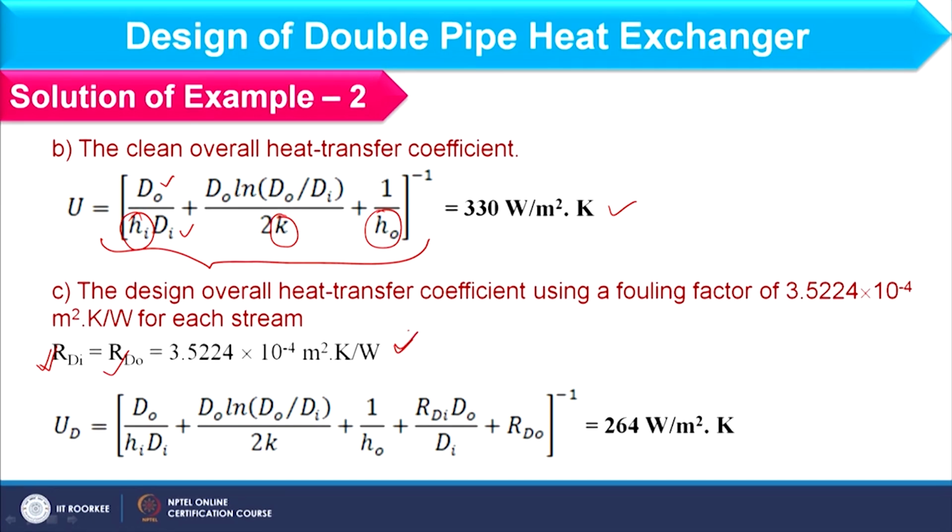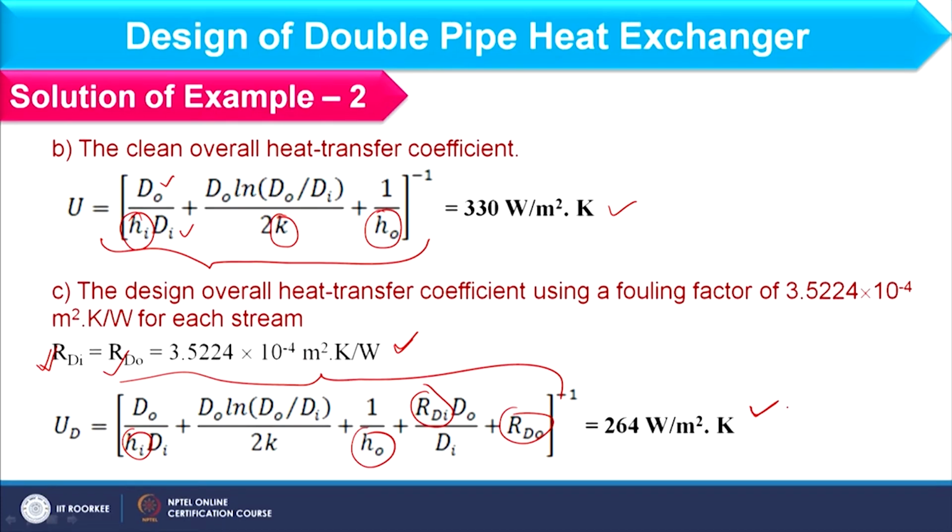So, considering this value, and HI and HO, and diameter of both sides, and thermal conductivity of the material, you can find out the overall heat transfer coefficient. And in this overall heat transfer coefficient, we are using all 5 terms, where RDI and RD naught are given to me, and the overall heat transfer coefficient we can find as 264 watt per meter square Kelvin.